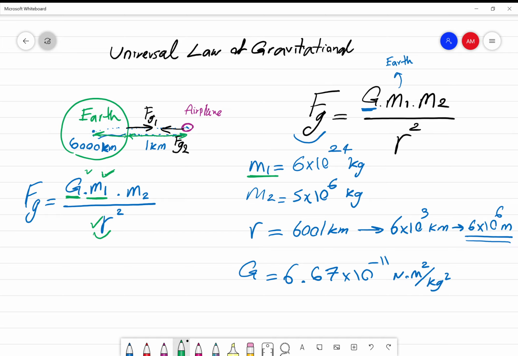So now, what would you think the distance between Earth and you is? Remember, distance means center to center. So center of Earth to the center of you, center of your body. How much is that distance? 6,000 kilometers, which is the radius of Earth, plus something. Correct? What is that something? Give me a rough estimation.